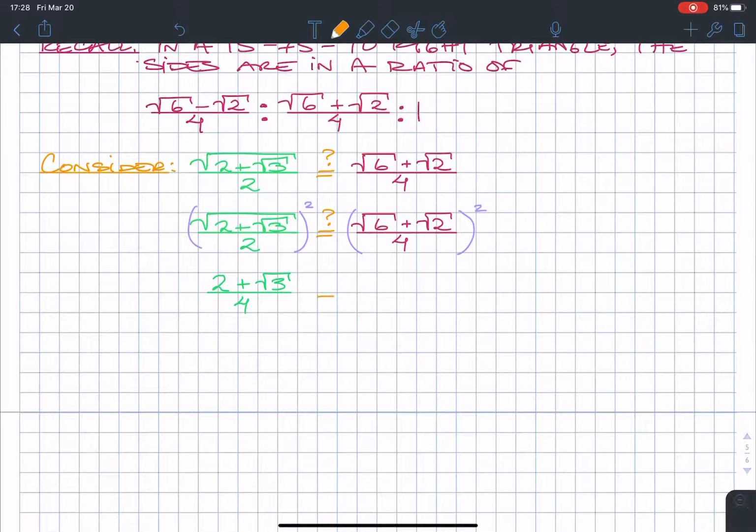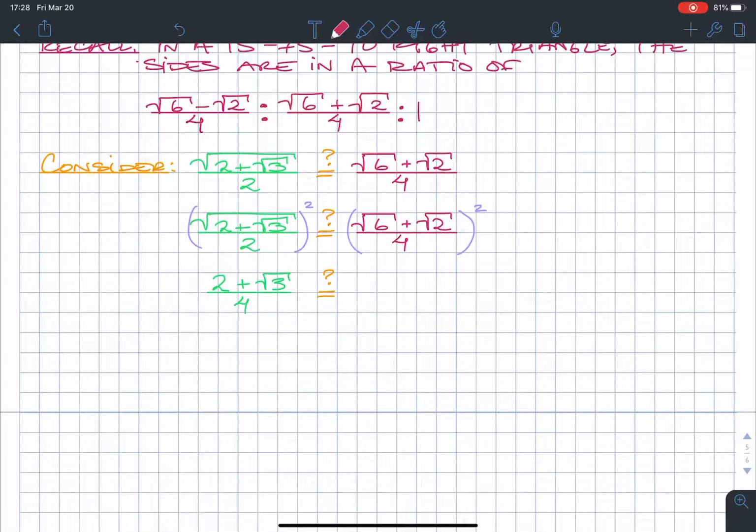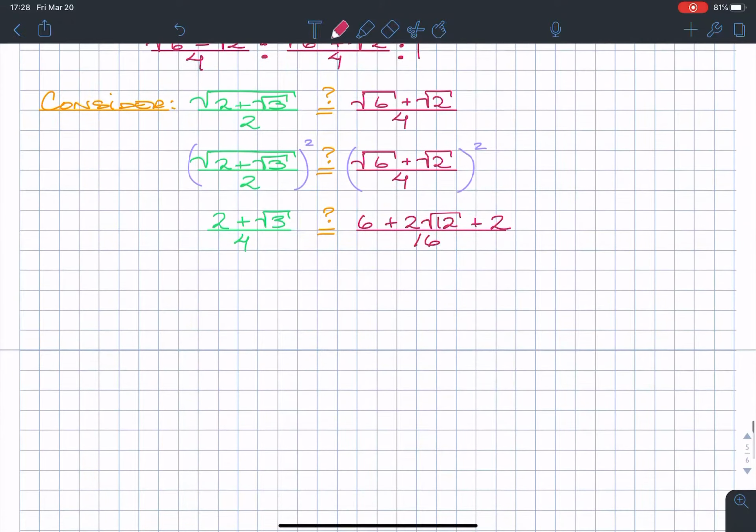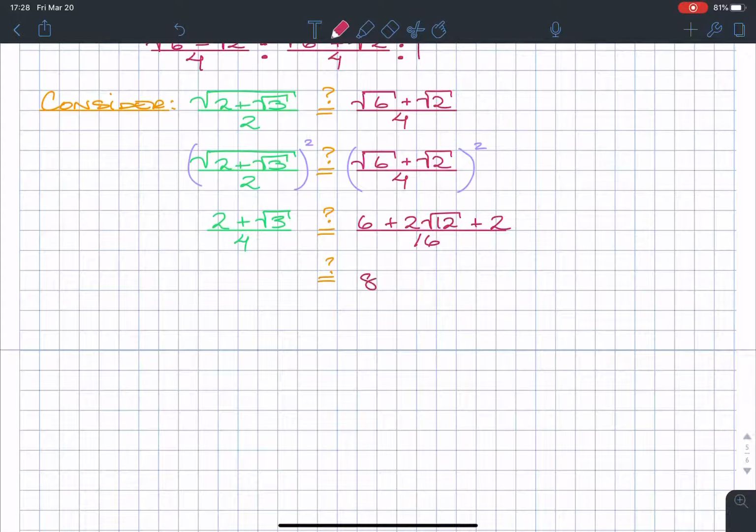And I'm asking, is that equal to the square of the right-hand side? When I square the numerator, I get the first term squared plus twice the product of the first and the second. So underneath the radical, 6 times 2 is 12, plus the square of the second term, all over the square of the denominator, which is 16. I know that 6 plus 2 is 8, so is 8 plus 2 times the square root of 4 times 3, because that's what 12 is, all over 16.